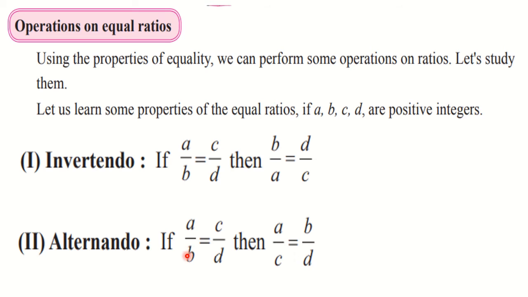You know that just now I told that properties of equality. So if b is in denominator here, on right hand side it is going to go in numerator, and c from numerator is going to go in denominator. So okay, property of equality is used here. So if a upon b is equal to c upon d, then by alternando we can write that a upon c is equal to b upon d.